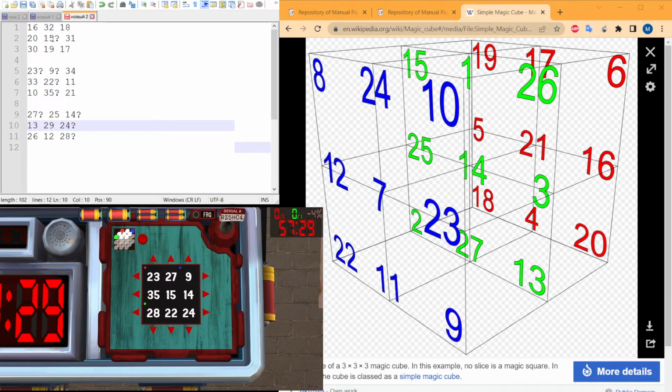So front row only requires 15. So let's move it to the front. Middle row 23, 9, 22, 35. Okay, let's do 23, 9, 20, 35.